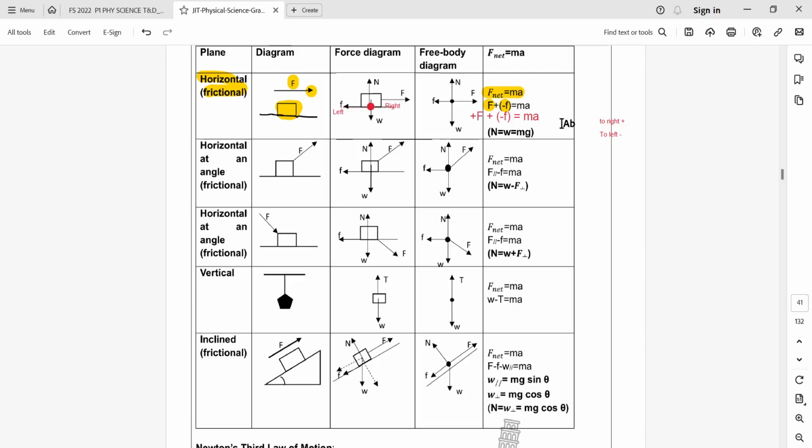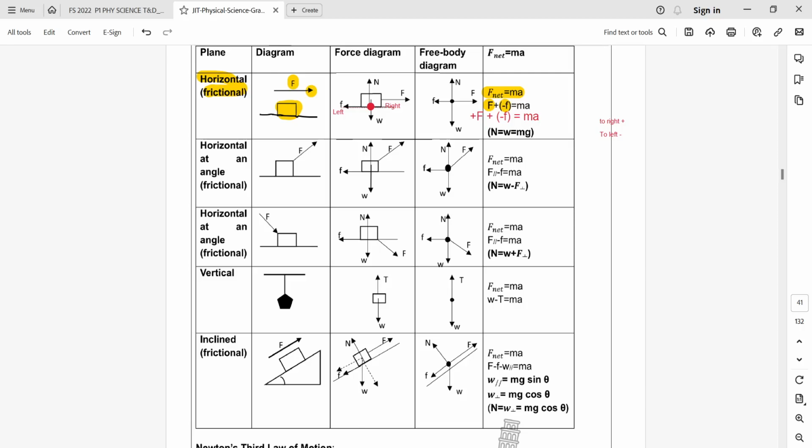Let's not forget that. Going further to the second part, we have the horizontal plane where there's an angle, and there is also friction. On the same horizontal plane, there's an angle, inclined at a certain degree.